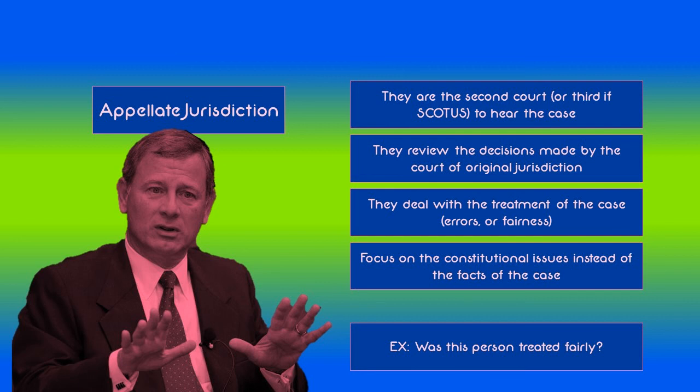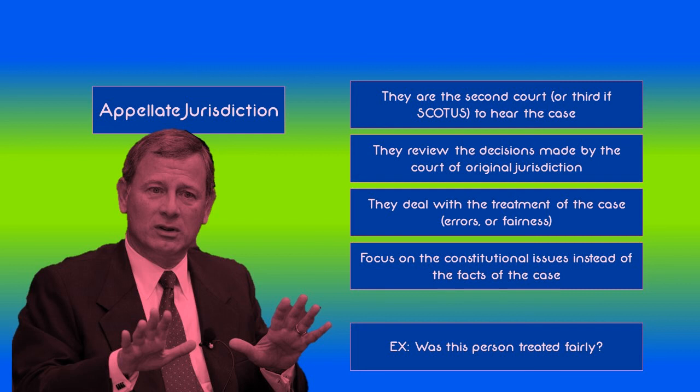So I'll go back to our example of Miranda versus Arizona. Now, we know the facts of the case are that he committed the crime, so he's guilty of the crime. But was he treated fairly? He was questioned by police for a long time. He was not a constitutional expert himself, so he did not know that he did not have to speak to police. He did not know that he could get a lawyer and things like that.